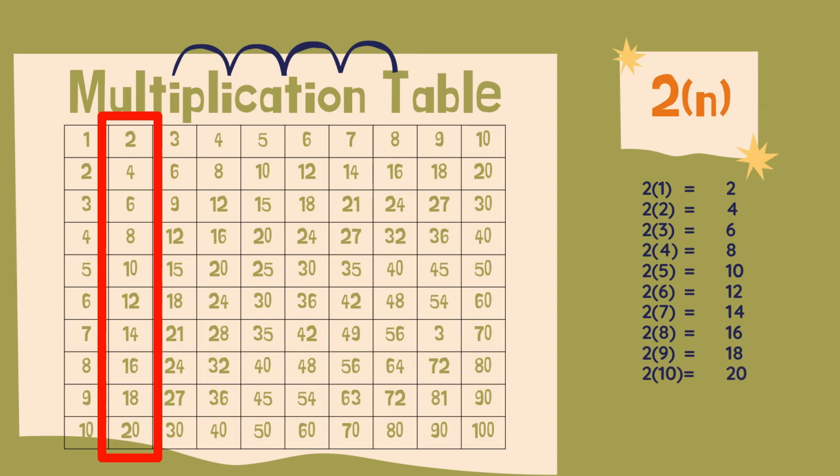And 2 times 10 equals 20. Again, the rule for this sequence is 2n, or 2 times n, where n is the position of the term.